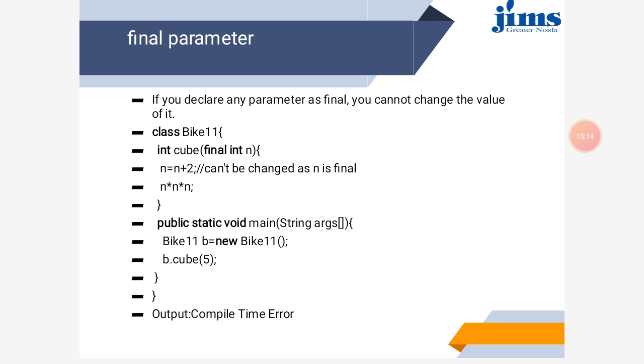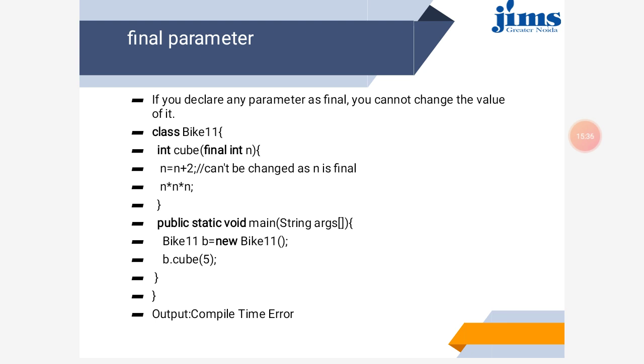So we will see what happens here. In the next line we create an object, and after creating the object you call this method. What output do you get? You get a compile time error. Why do you get a compile time error? Because your parameter is final.